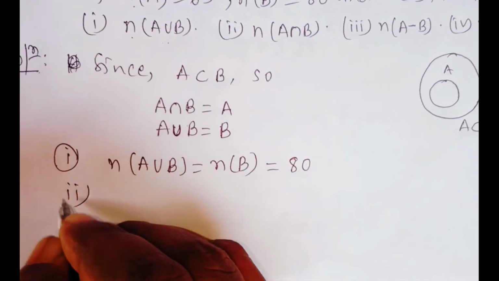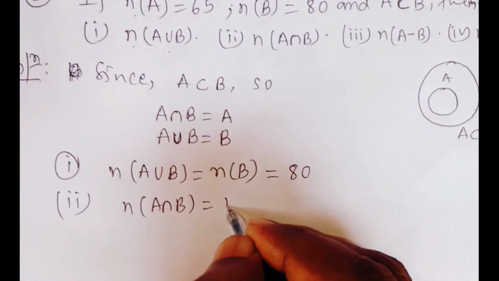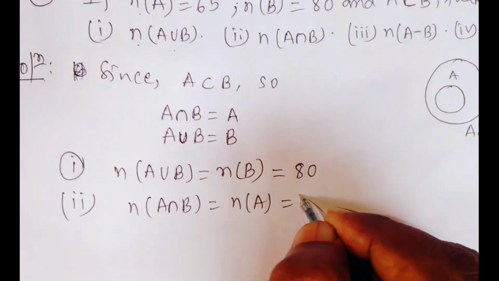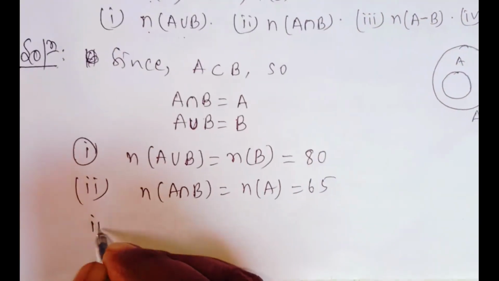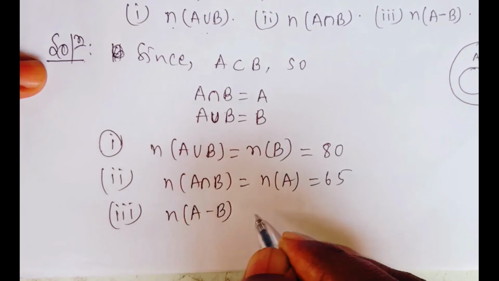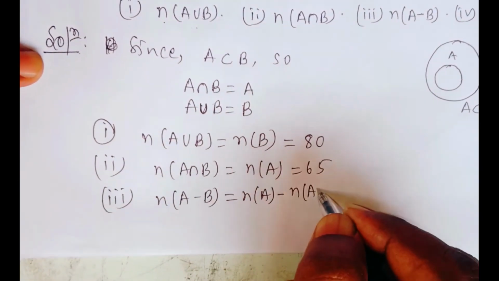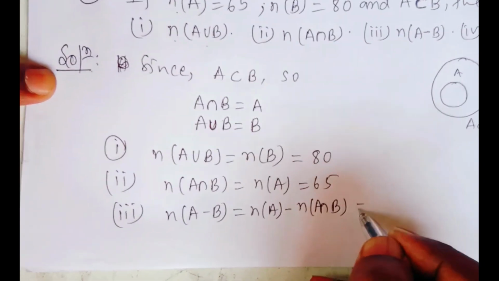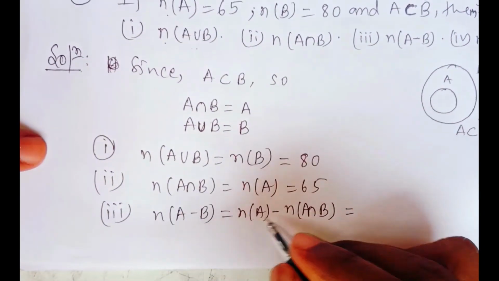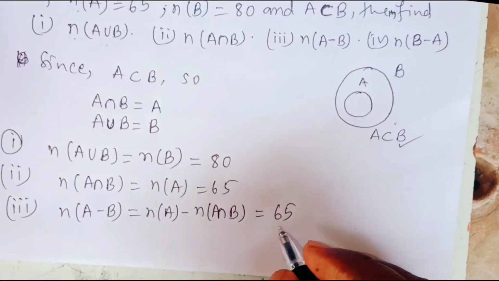Now the second one, n of A intersection B, is equal to n of A, which is 65. The third one, n of A difference B, is equal to n of A minus n of A intersection B, which is n of A minus n of A, so 65 minus 65 is equal to 0.